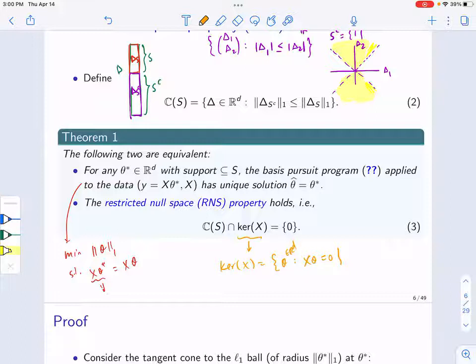What it's saying is that the property that you can recover any theta star supported in S by solving this is equivalent to this condition.